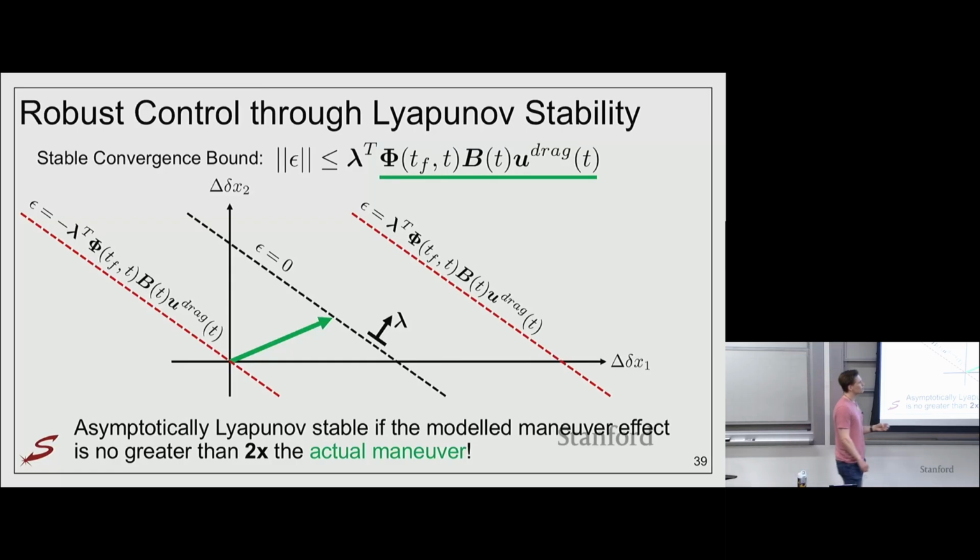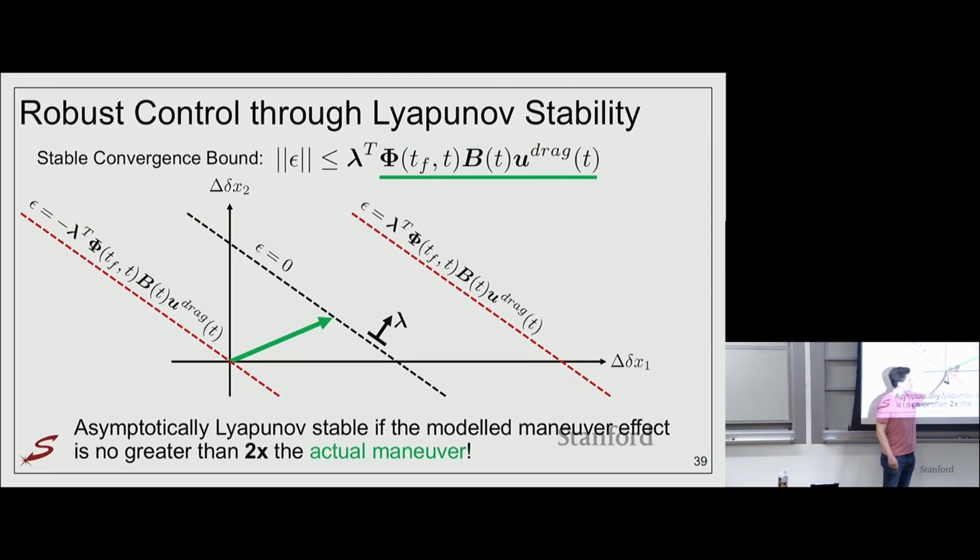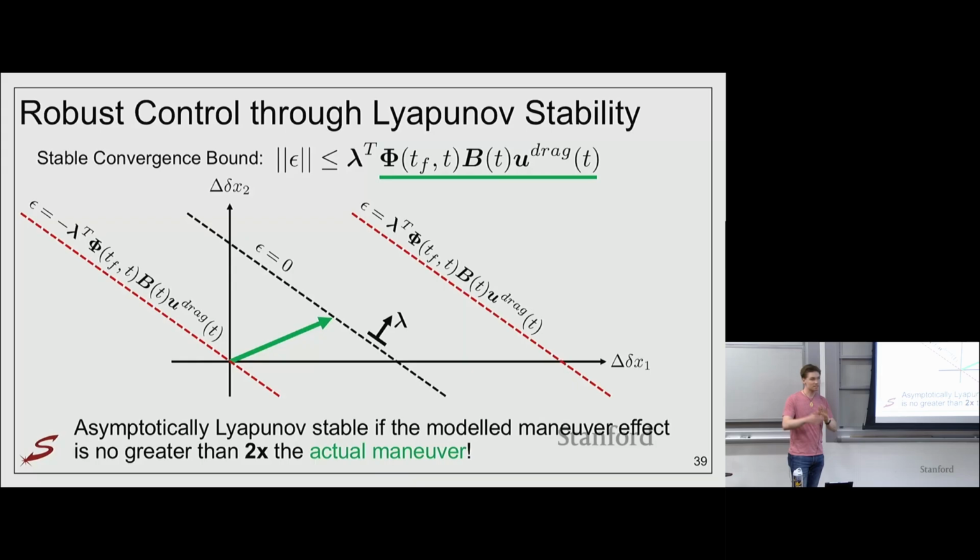We have lambda, which is the optimal lambda for the reconfiguration problem. And so we can think of, let's say, a differential drag maneuver, it's tangential only. What if we underestimate its effect? What if we model it as being too low on board? It falls in this area, right? Which is great. That means that we've modeled a maneuver to have a certain effect, and we've actually done better.